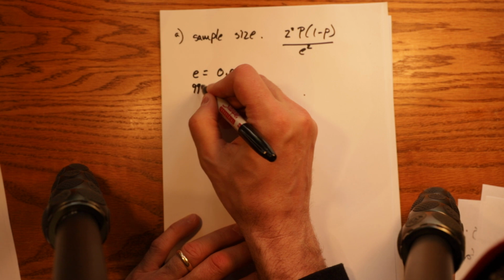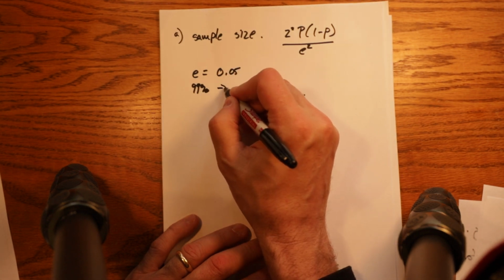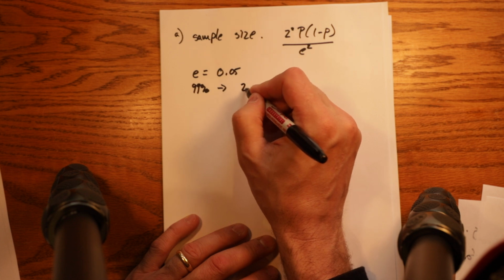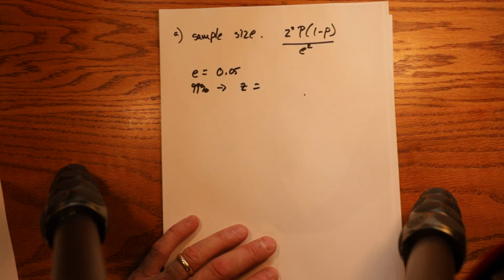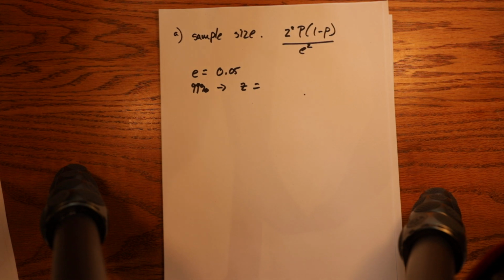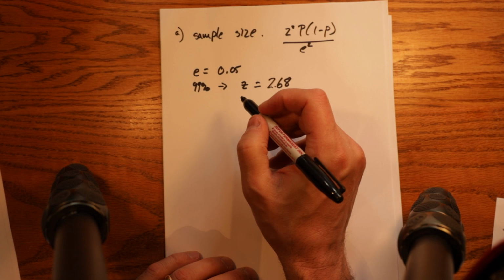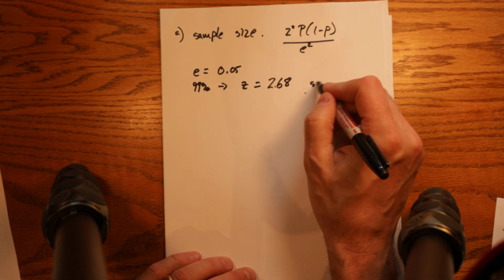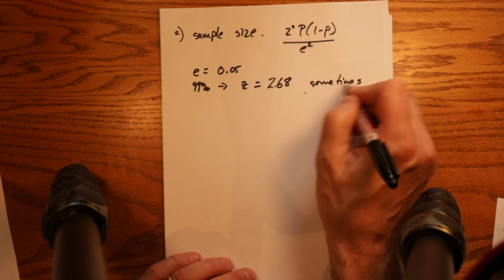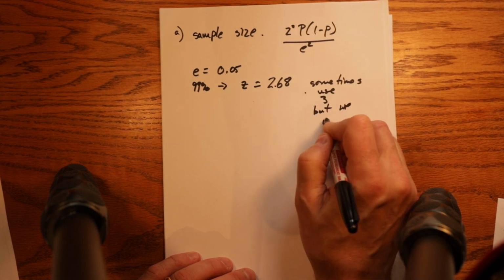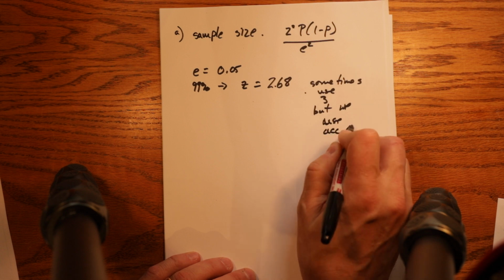At 99%, Z is equal to 2.68. Sometimes people use 3, but we will use the accurate number.